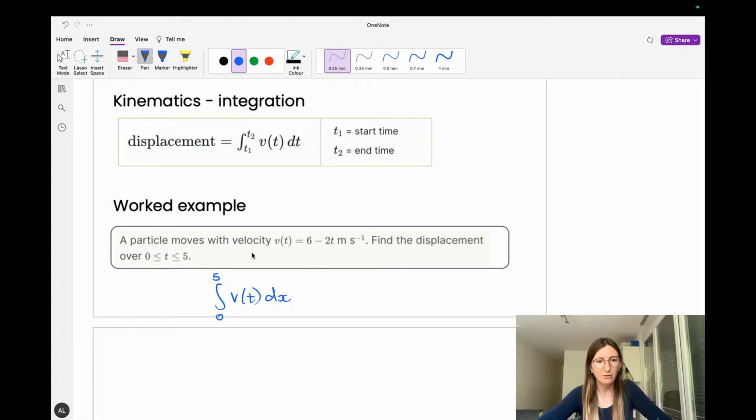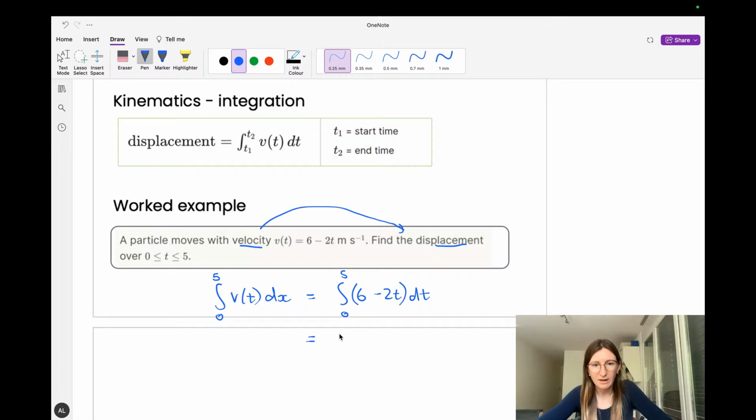So again, we're just integrating because we're going from velocity to displacement. So that means integrating again. That means we have the integral from 0 to 5 of 6 minus 2t, brackets again because there's more than one term, and dt. If you have your calculator in this exam, you can just put that in and have that done for you.